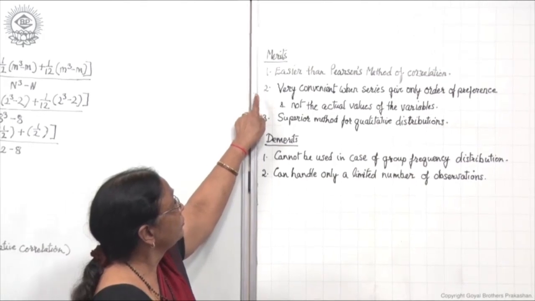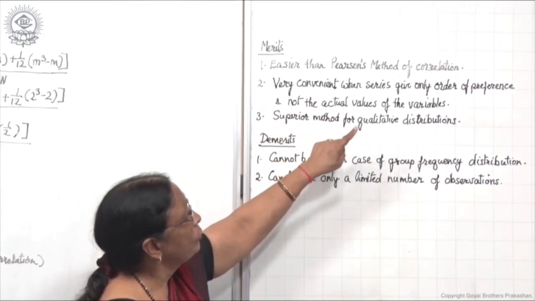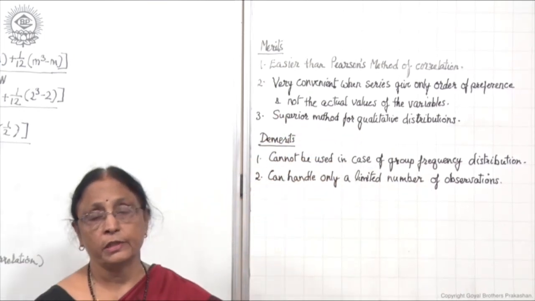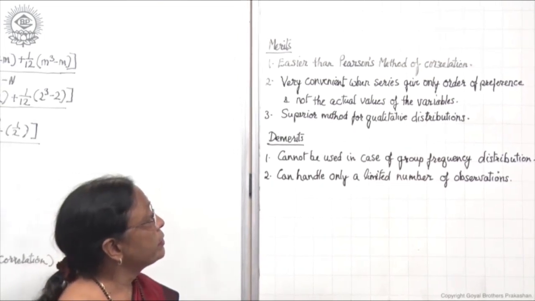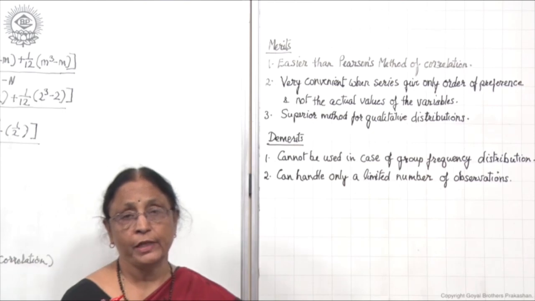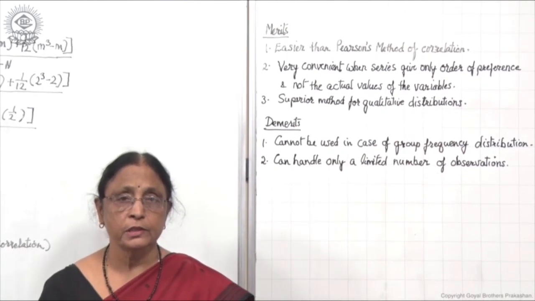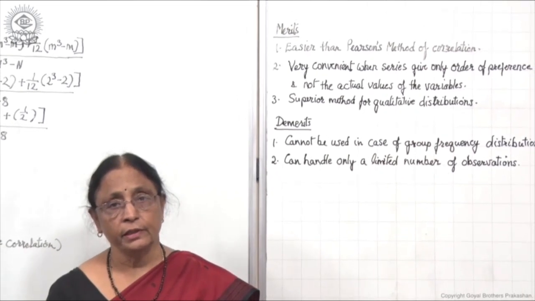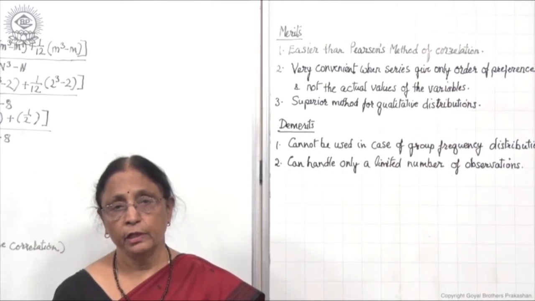Second, very convenient when series give only order of preference and not the actual values of variables. That means if the ranks are given only, order of preference is given in the form of ranks, then it is very easy to calculate the coefficient of correlation, right?